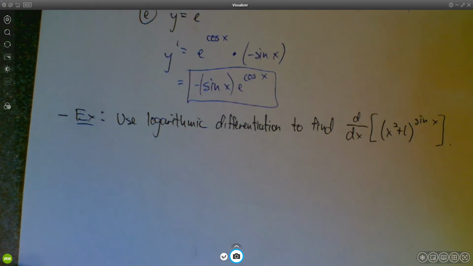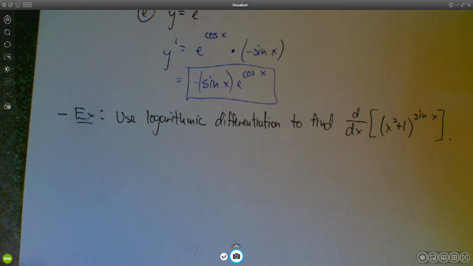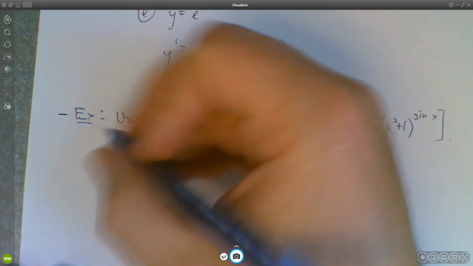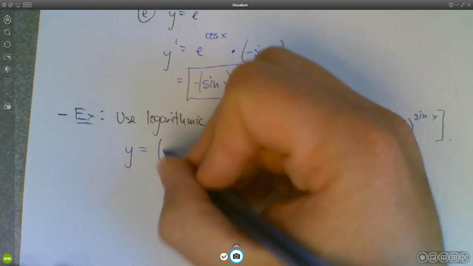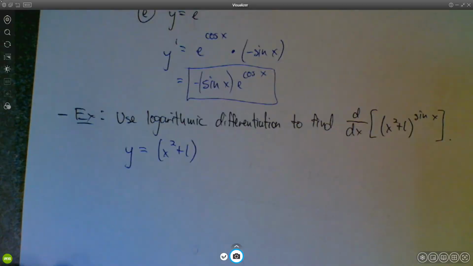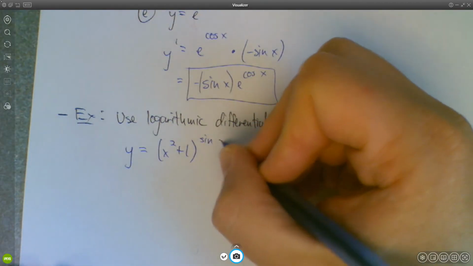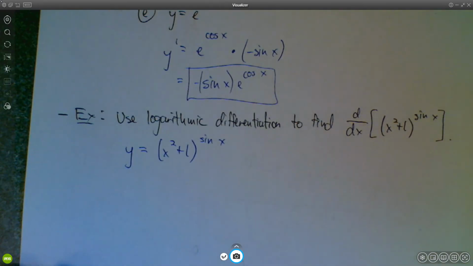Okay, here we go. So we're going to use logarithmic differentiation. What does that mean? Well, it just means we're going to take the logarithm of both sides before we get started. So in other words, let's let y equal x squared plus 1 to the sine x, the thing that we're trying to differentiate.